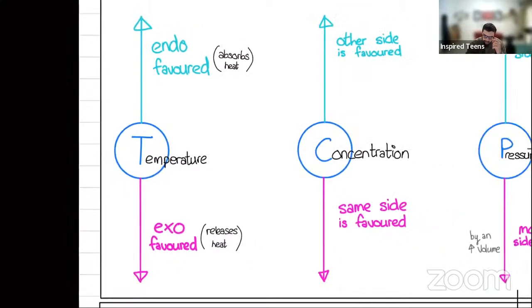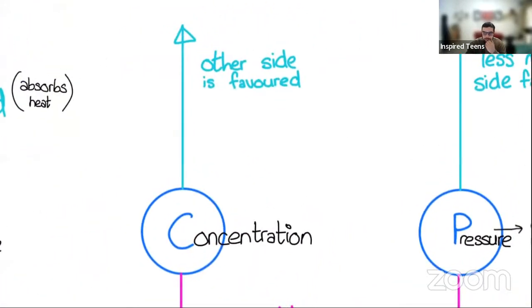Okay, now let's have a look at a change in concentration. Now, when there is a change in concentration, firstly, there can only be a change in concentration of a gas or a substance which is aqueous, so basically not a solid.